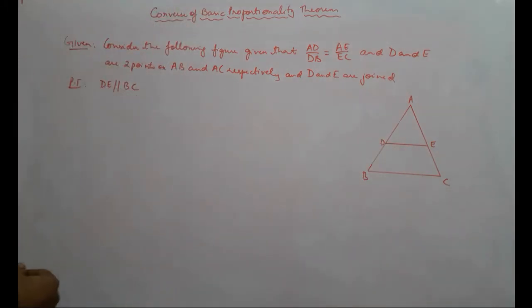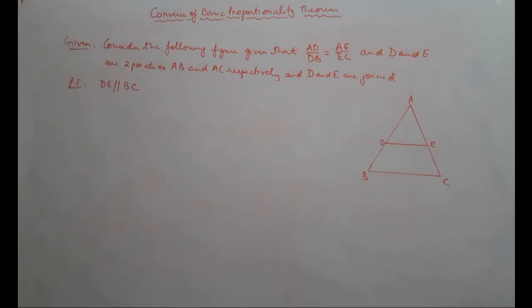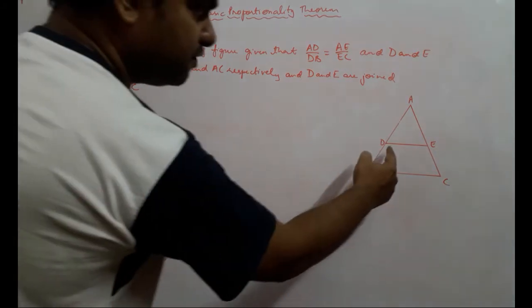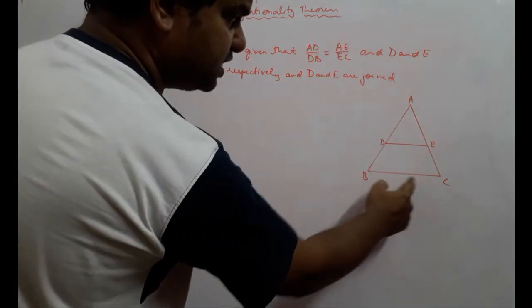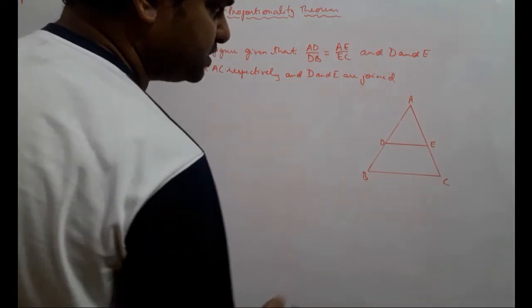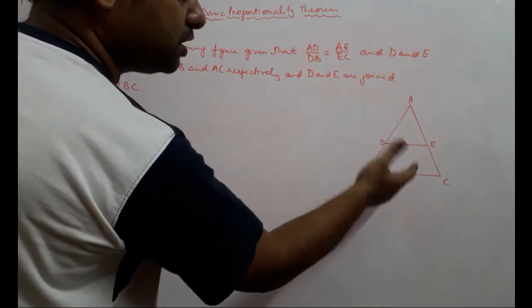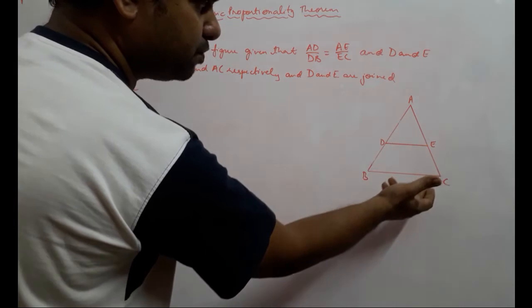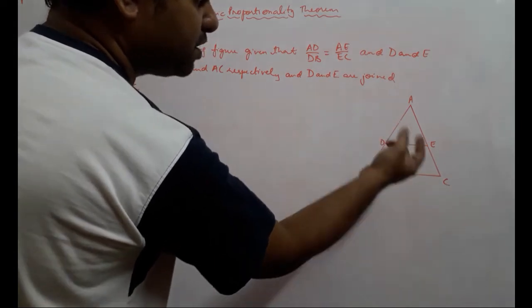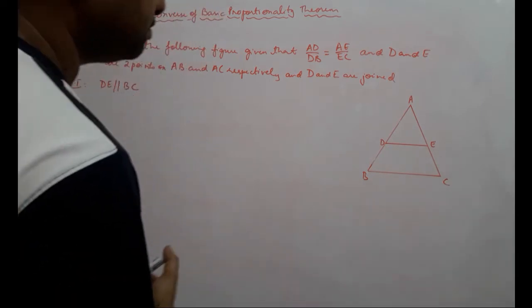We have to prove that DE is parallel to BC. For the basic proportionality theorem, we were given DE parallel to BC and asked to prove AD upon DB equals AE upon EC. Here we are given that these are divided in the same ratio, and we are asked to prove that DE is parallel to BC.